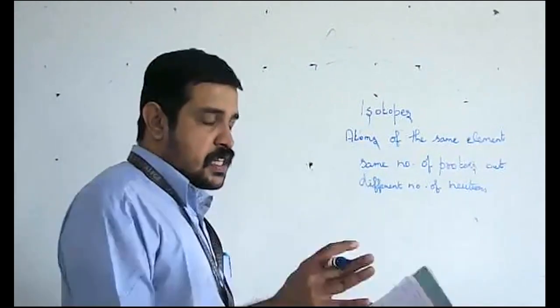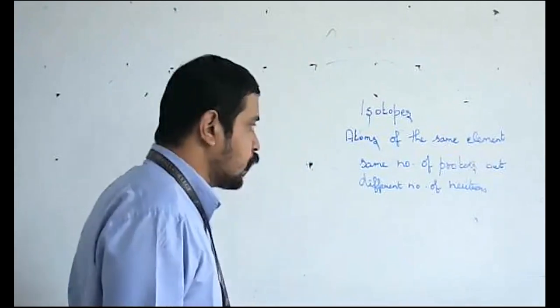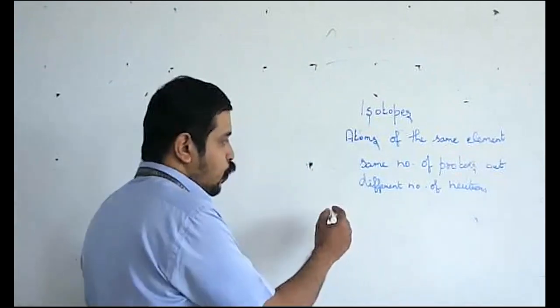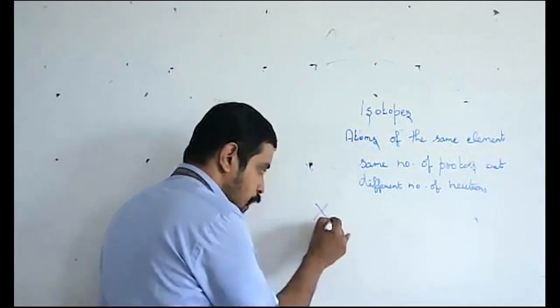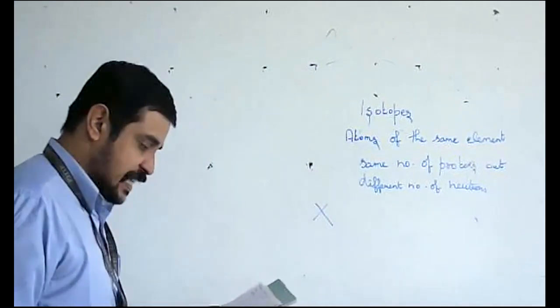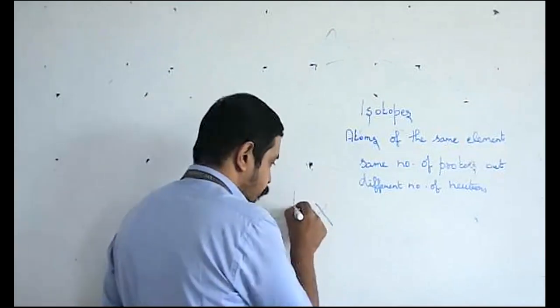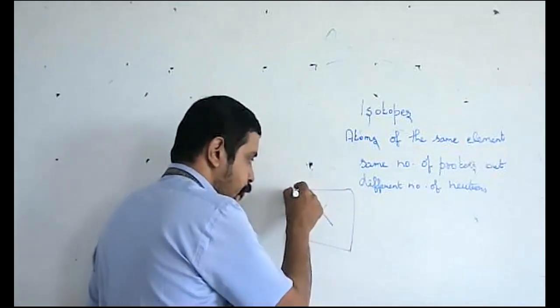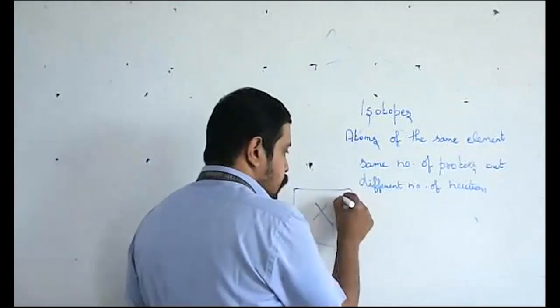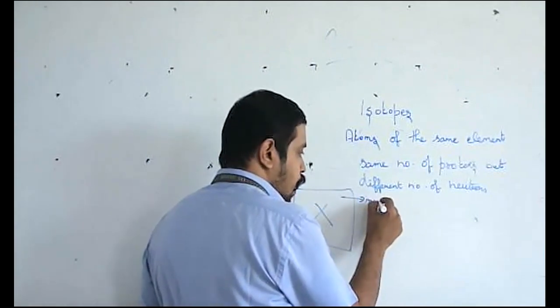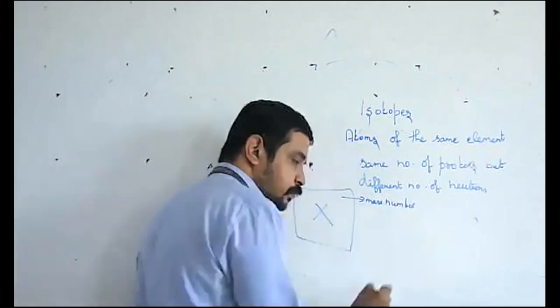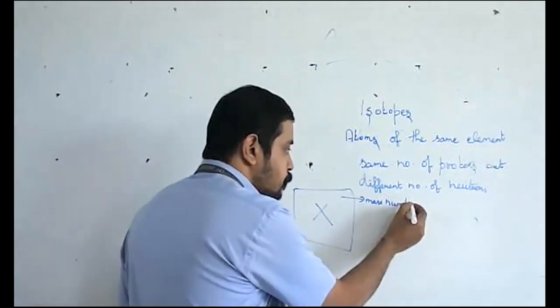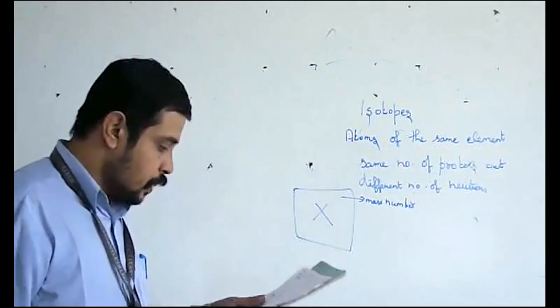Now, when we are discussing this particular topic, I want to have a small representation. Say, for example, we have an element X. The mass number is represented at the top.